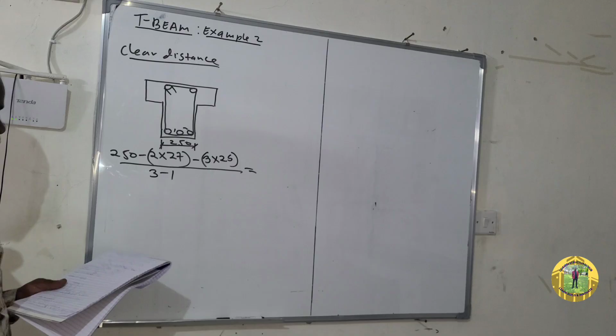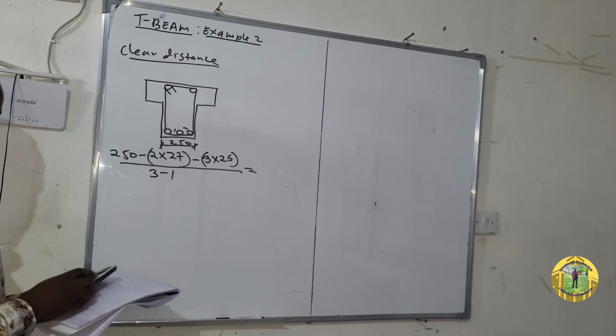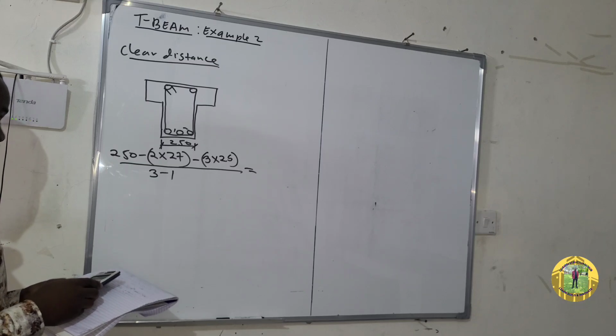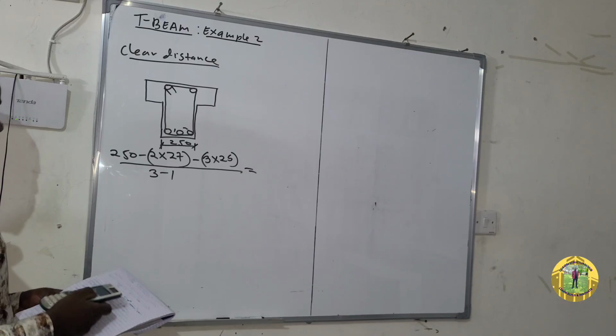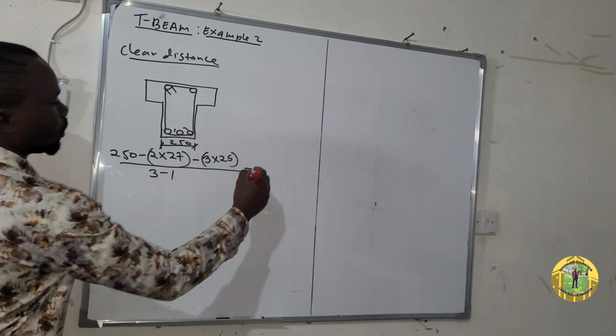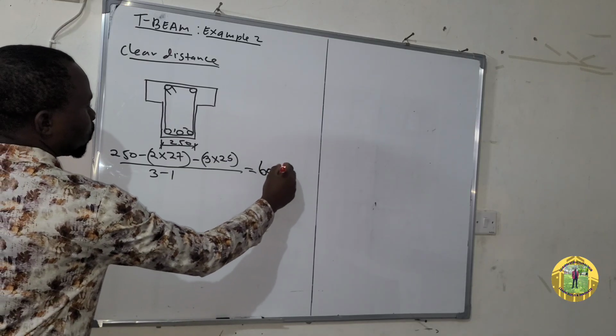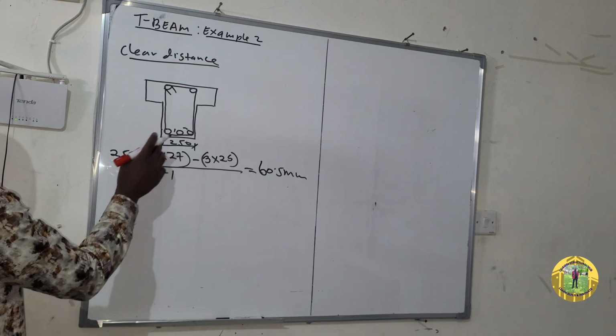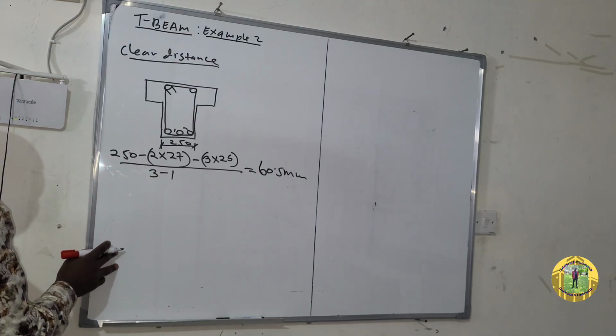Let's do the operation: 250 minus 54 minus 75 divided by 2 gives 60.5 millimeters. So this will be the distance between the bars.